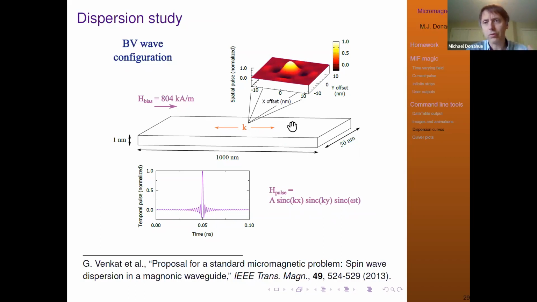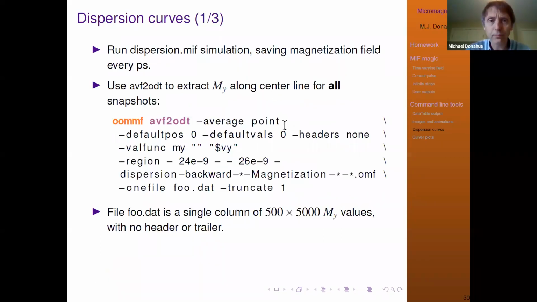We don't want to get involved in the edge modes. You can do that with this AVF to ODT command, which I'll show you. This will produce a single output file, which will have one column with 500 by 5,000 values. So let's step through that.